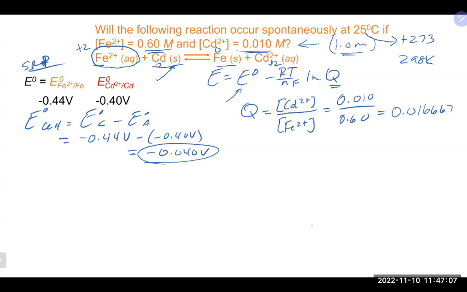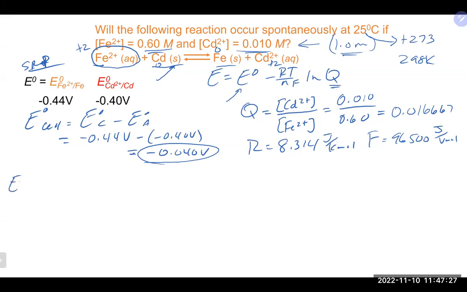R and F are constants that we have. R, again, is our gas constant, and F is Faraday's constant, for which we've been using the rounded number of 96,500 joules per volt per mole.